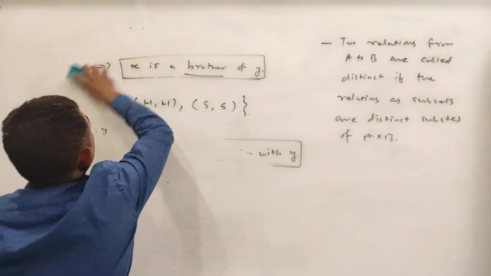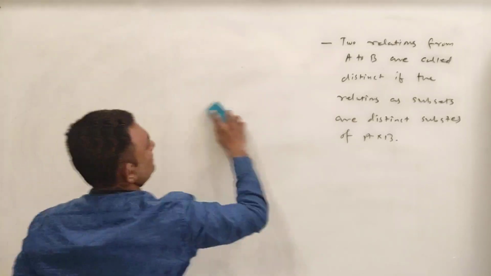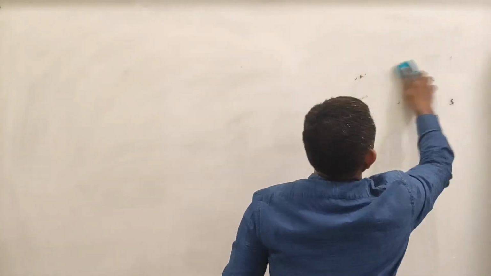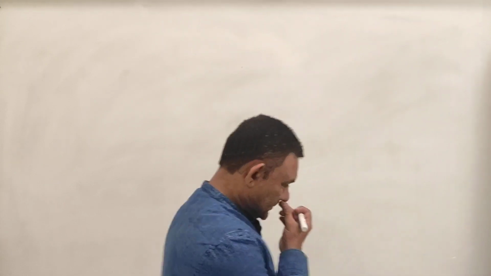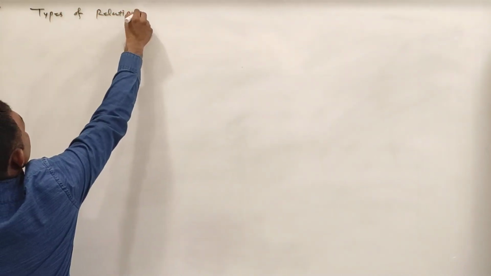Okay, so now let us try to define different types of relations. So here we have types of relations.